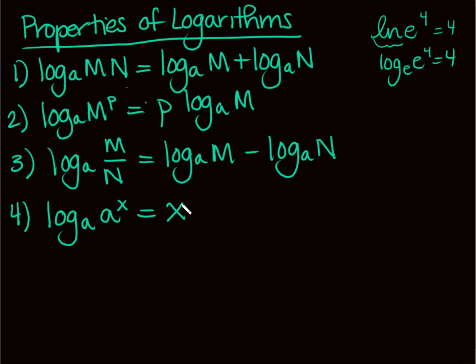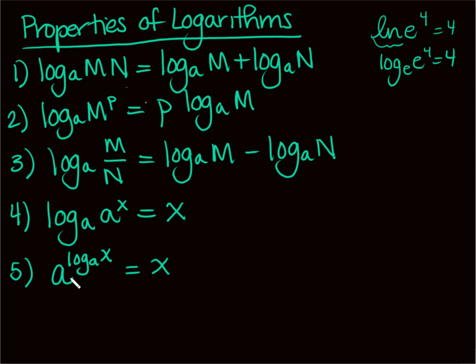Now, this one isn't quite as intuitive, but if I have a and I raise it to log base a of x equals, what this is going to do is undo each other. Let me tell you why this is true. Remember, you guys, that a to the x and log base a of x are inverse functions of each other. Remember what we know about inverse functions?